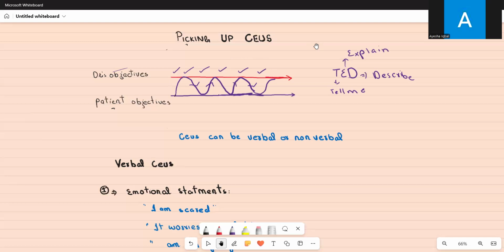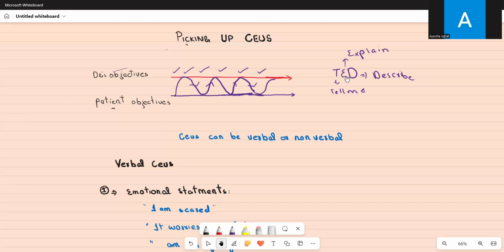So you ask that question. First, you acknowledge whatever cue they are dropping, whether it is a concern, a worry, an expectation, or an emotional state. You tell them, you mentioned that you are worried, and it's understandable to feel that way. And then ask a question.